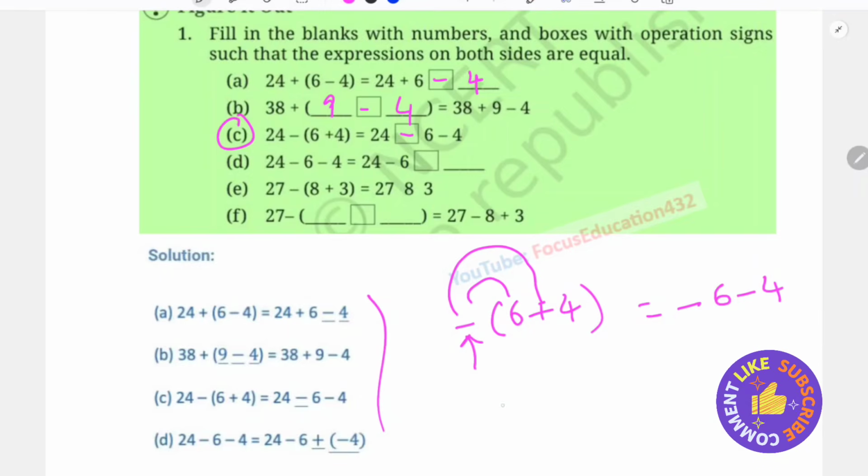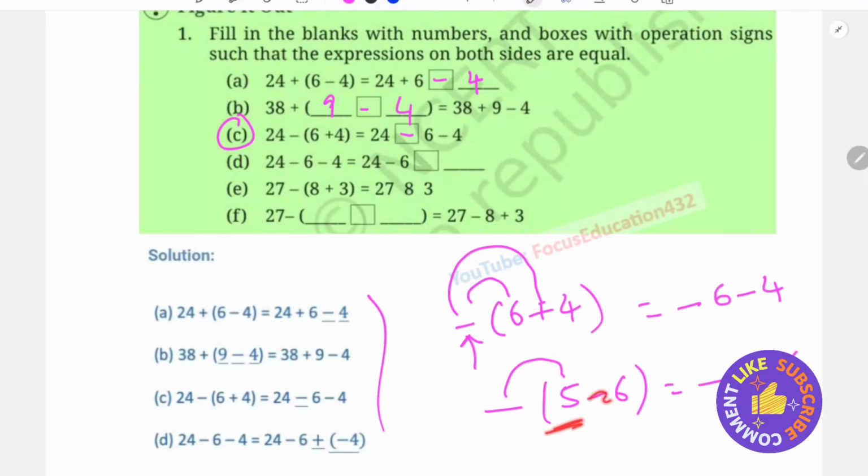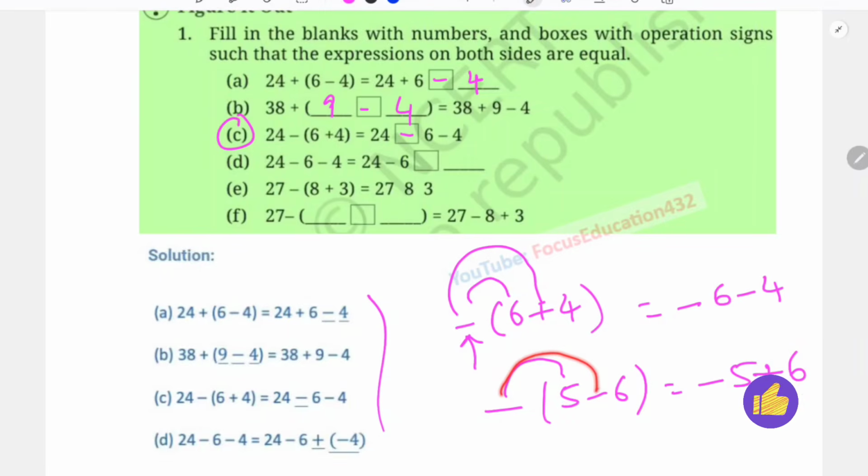I will give one more example. For example, if you have minus of 5 minus 6, this will be equal to what? This becomes minus 5 plus 6. Why? This 5 is plus, so minus of plus becomes minus. Then minus of minus is plus, so this becomes plus.